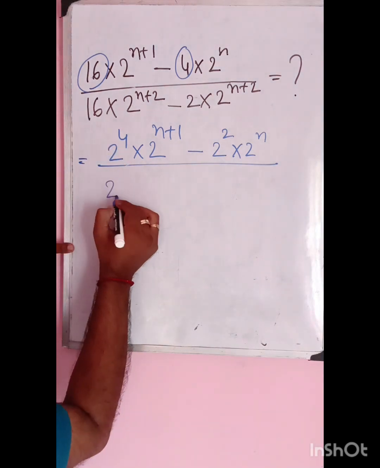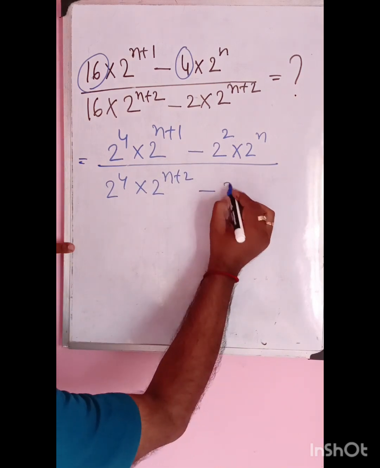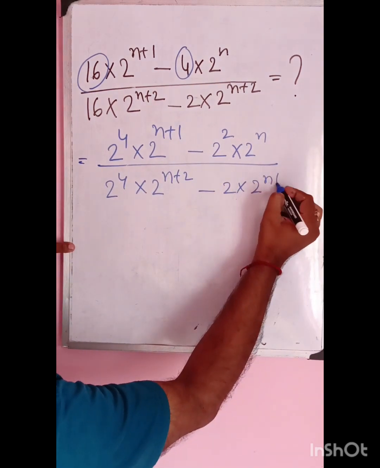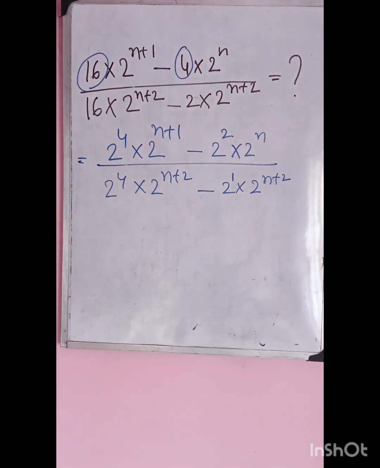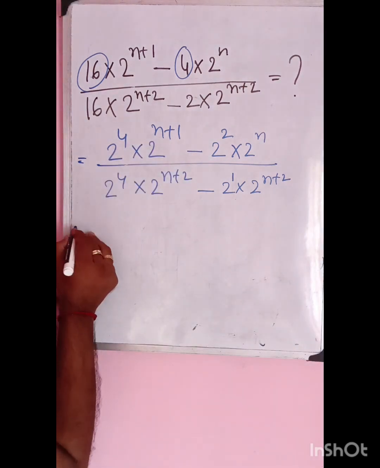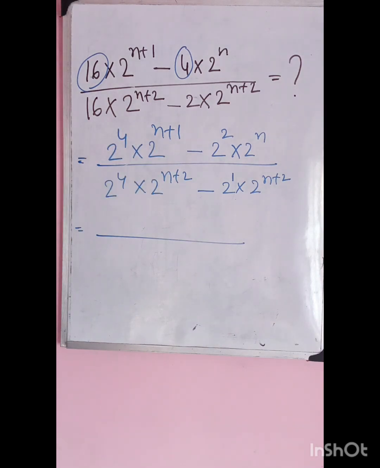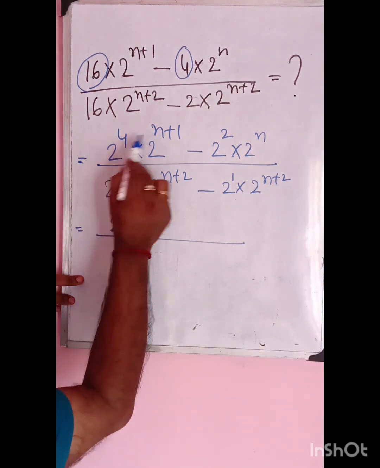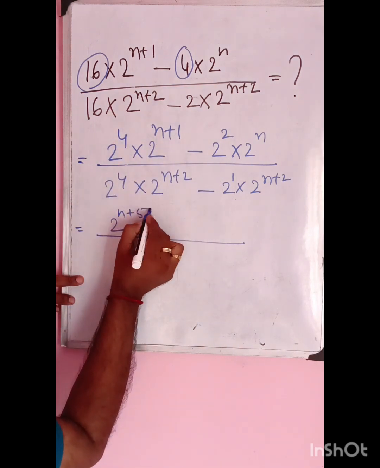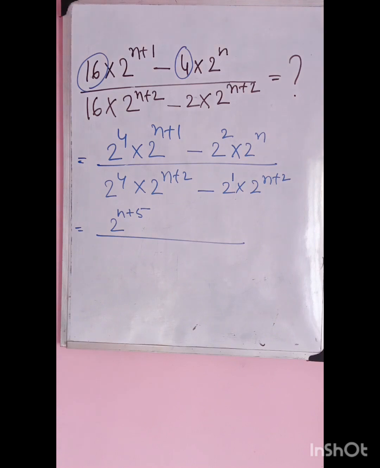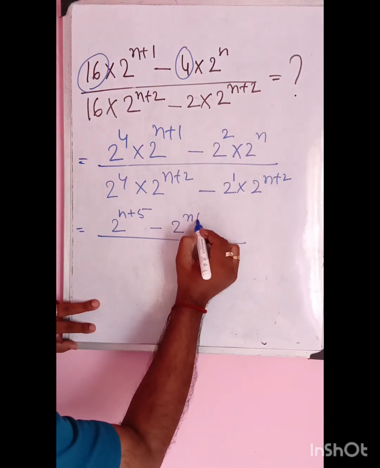Again here 2 to the power 4 into 2 to the power n plus 2, minus 2 into 2 to the power n plus 2. 2 means 2 to the power 1. Okay. So base is 2, power will be added. It becomes 2 to the power 4 plus n plus 1, that is n plus 5. Okay. Here minus 2 to the power n plus 2.